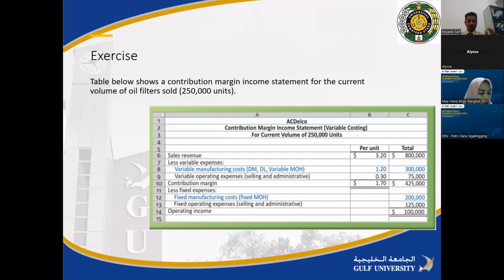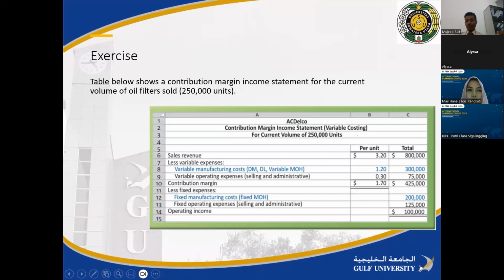So let's go back to our exercise. This is the table explaining the contribution margin of the number of units produced by this organization, which is 250,000 units of oil filters. All right. So the sales price for each unit is $3.2.